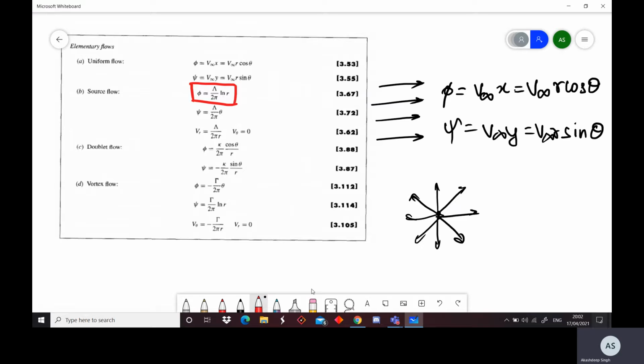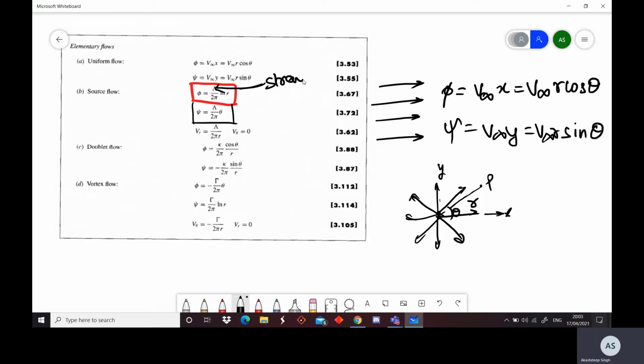This r is the distance from the source, let's say to this point p. Similarly, the stream function can be seen here in terms of theta. Let's say this is the y-axis and this is the x-axis. This will be theta. And this capital lambda represents the strength of the source.